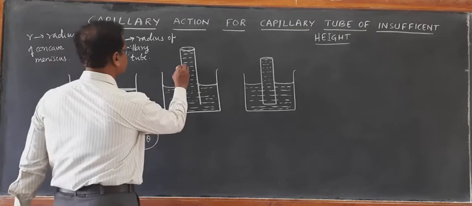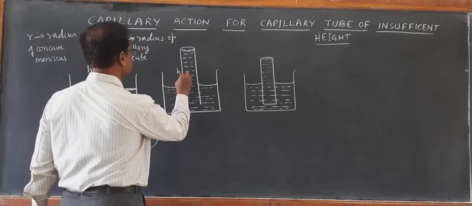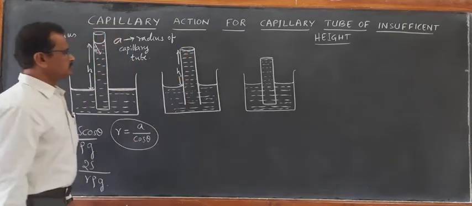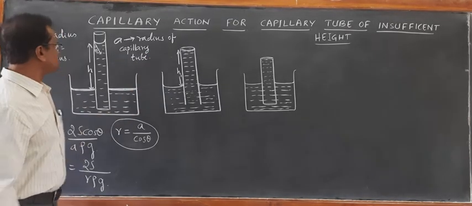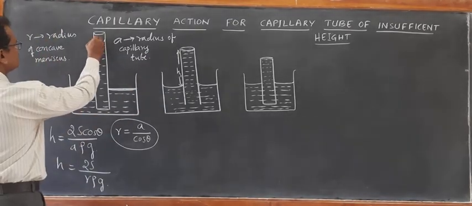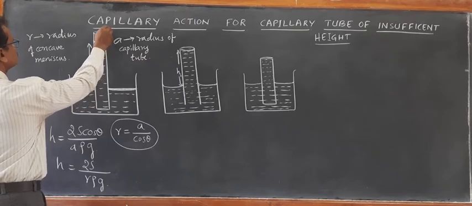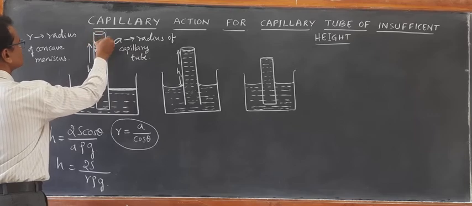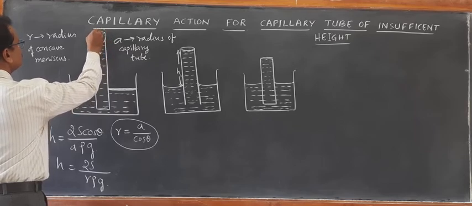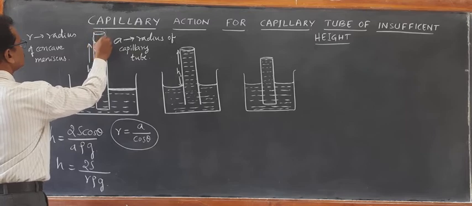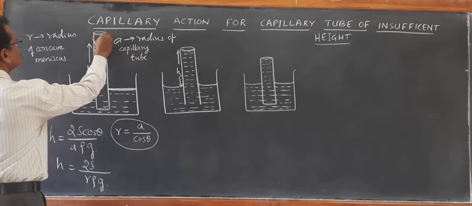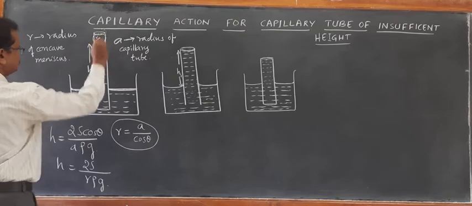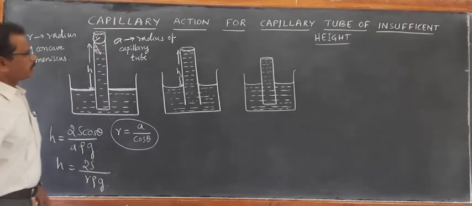Now, when it rises to a different height, let us take this height as h1. For this h1, the radius of curvature increases. If you draw the radius of curvature and complete it, it is going to form a sphere of radius r.